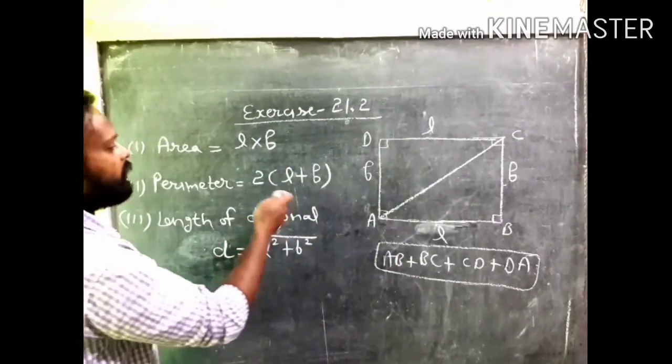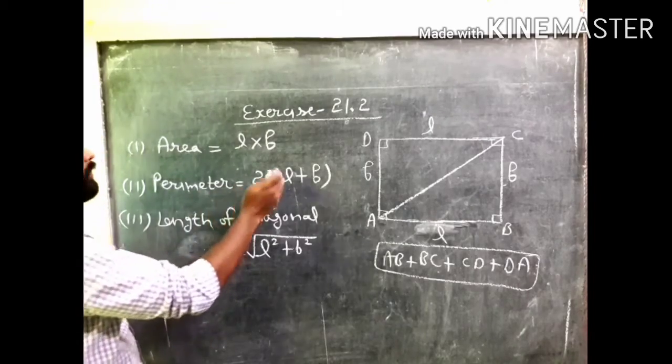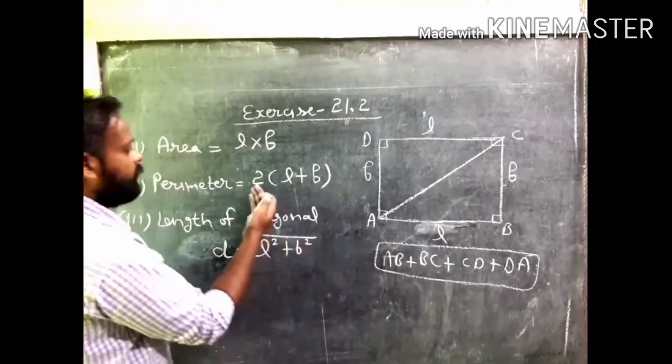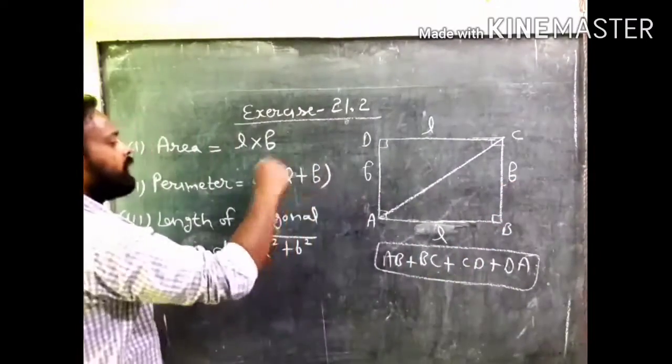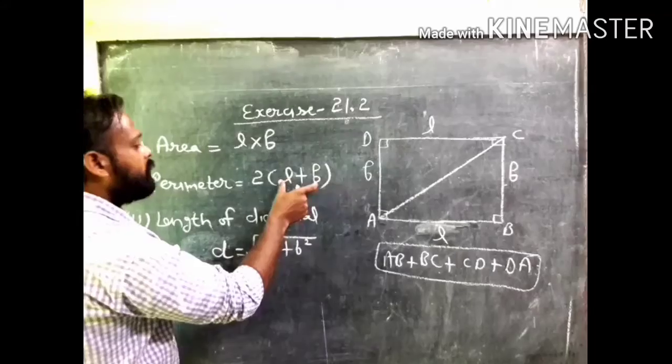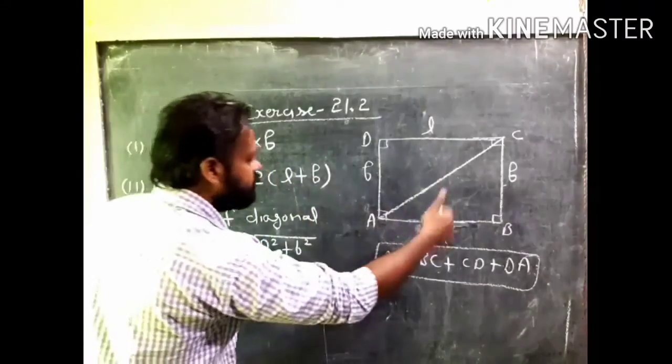Generally we apply a simple formula: perimeter is equal to 2 into (L plus B). We first add the length and breadth, and then we double it, or simply multiply by 2. So the perimeter is 2(L + B).